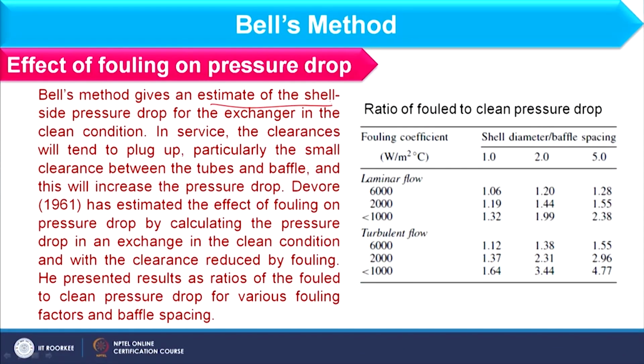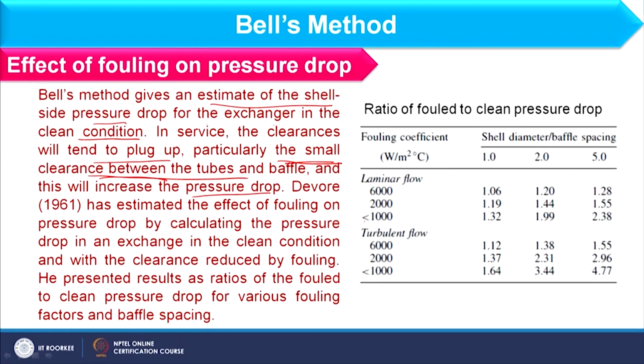Here we have the effect of fouling on pressure drop. Bell's method gives an estimate of shell side pressure drop for the exchanger in clean condition, right. In service, the clearances tend to plug up, particularly the small clearance between tubes and baffle, and this will increase the pressure drop.